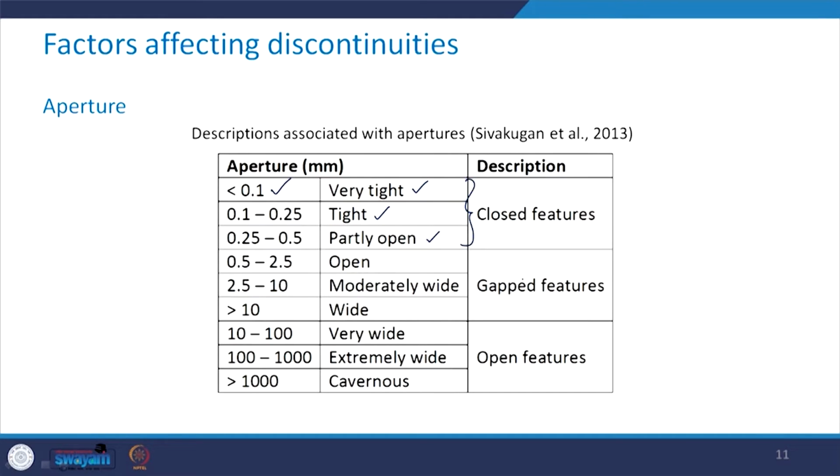The next category is the gapped feature, with the description from open to wide, with the aperture size changing from 0.5 to less than 10. Then for open features it is more than 10, and you have very wide, extremely wide and cavernous descriptions depending upon the magnitude of the aperture. Accordingly, you can describe the joint.